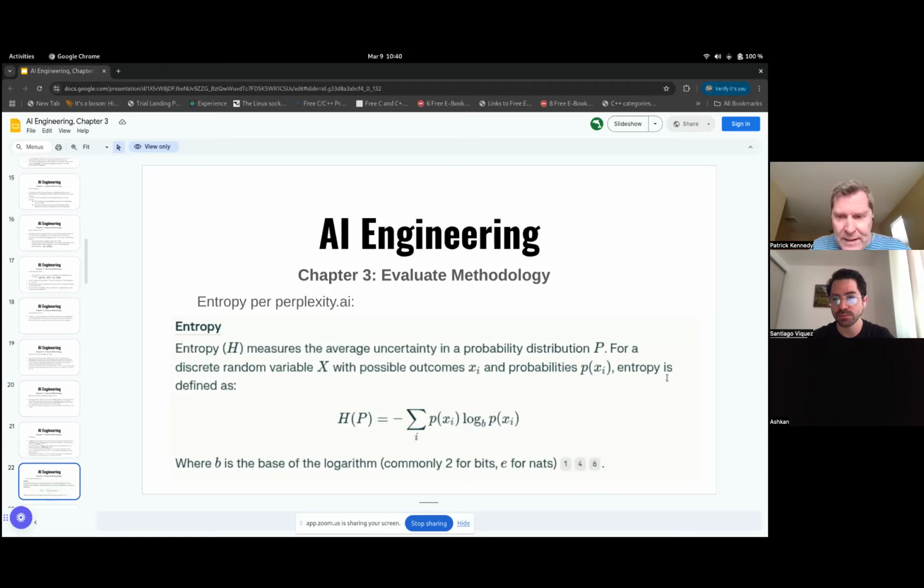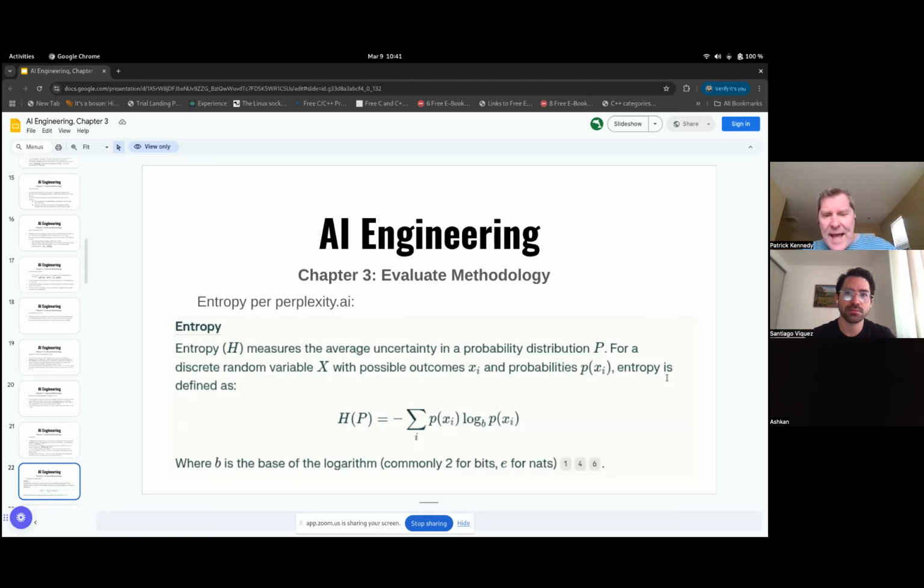Entropy measures the average uncertainty in the probability distribution P for a discrete random variable, actually a set if you will, X, with possible outcomes x subscript i, and the probabilities P of x subscript i.